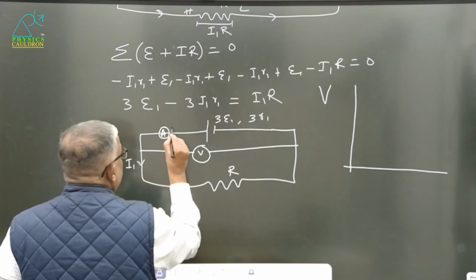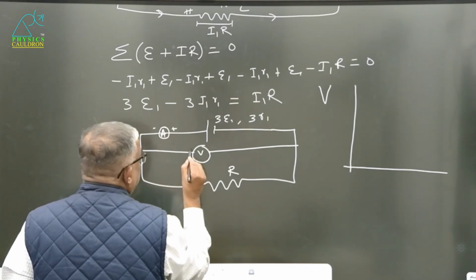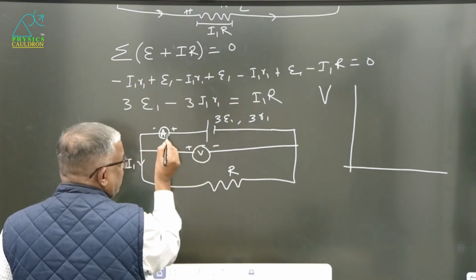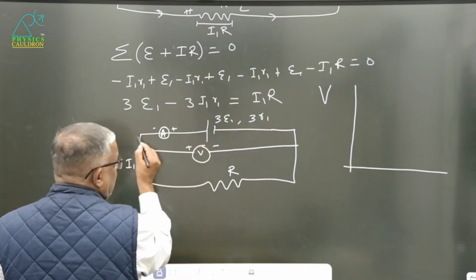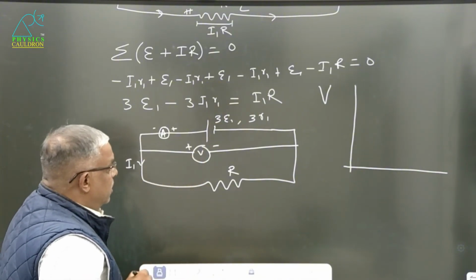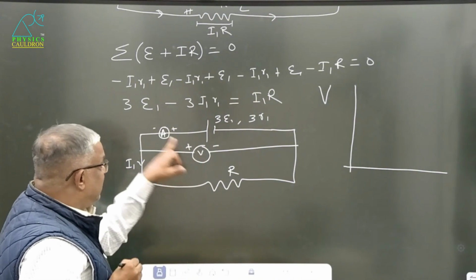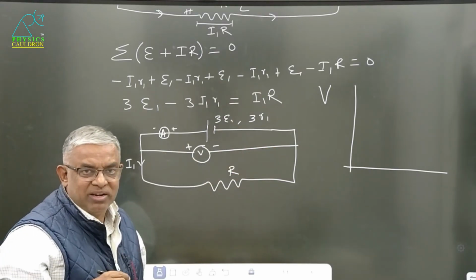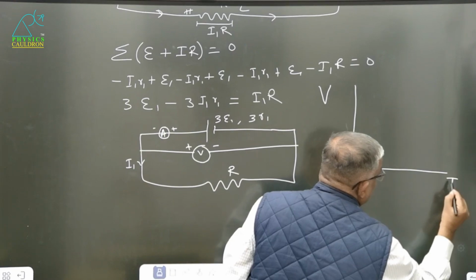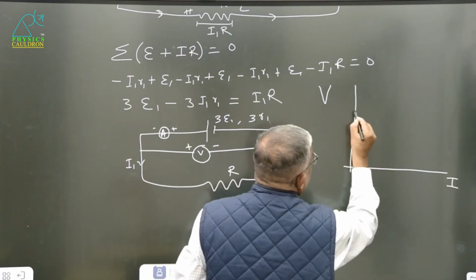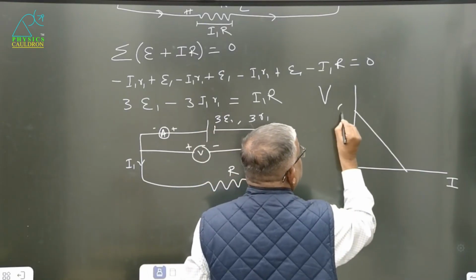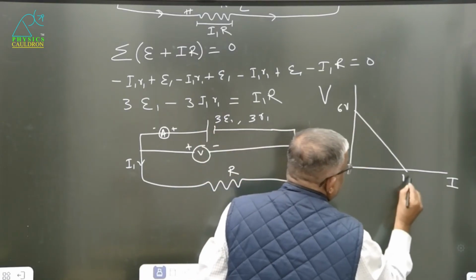The positive terminal of the ammeter and the positive terminal of the voltmeter should be connected with the positive terminal of the battery. So we read these two and plot. On plotting current versus voltage, we get a graph like this, and the marking given is 6 volt and 1 ampere.